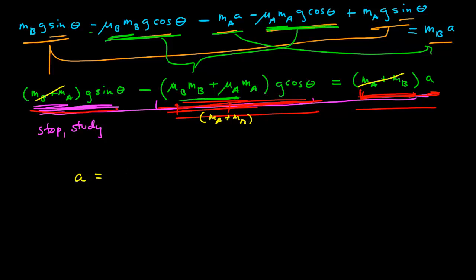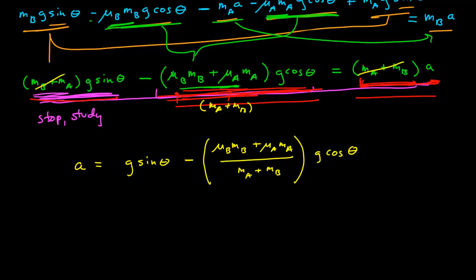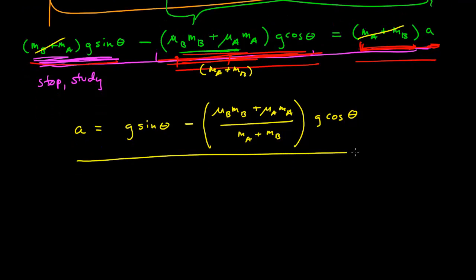So my acceleration is equal to g sine theta minus this really complicated expression here, (mu sub b m sub b plus mu sub a m sub a) divided by the total mass m sub a plus m sub b, times g cos theta. So if this is my answer, does this make sense?